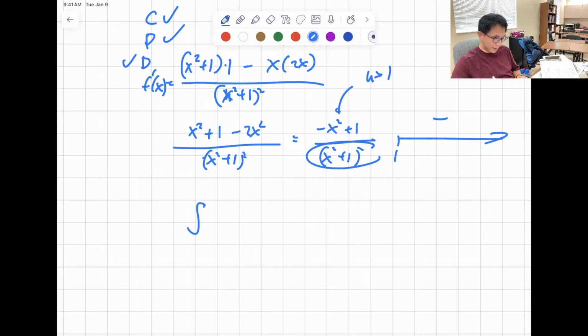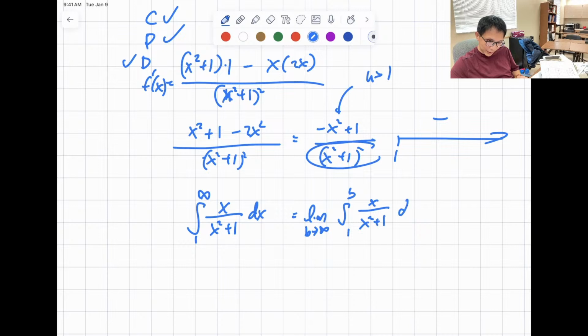So we're going to assume it's 1 to infinity. Why 1 to infinity? Because your terms start at 1, and there's x over x squared plus 1. Do you guys remember how to do an improper integral? Limit as b approaches infinity of the integral from 1 to b of x over x squared plus 1 dx.